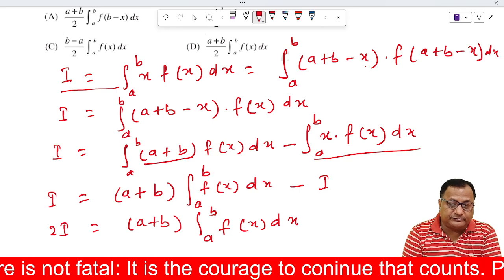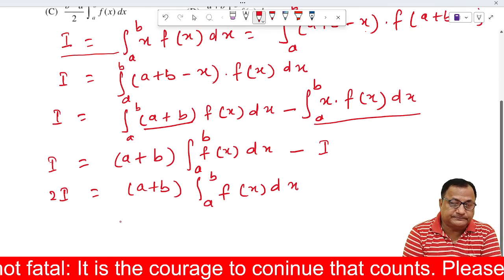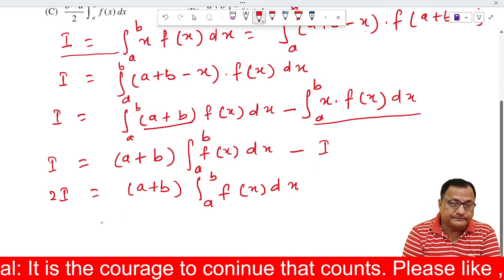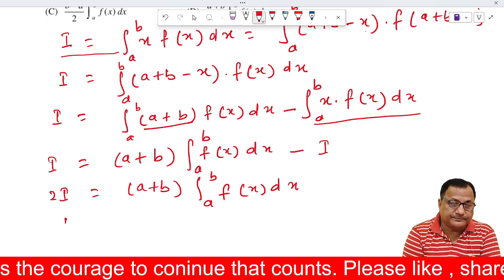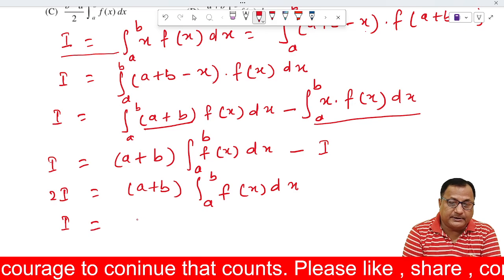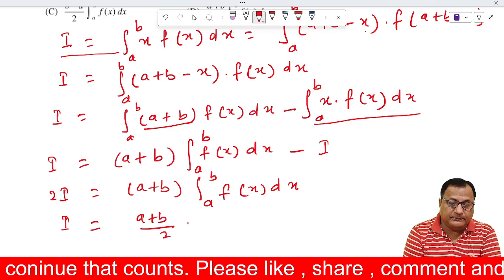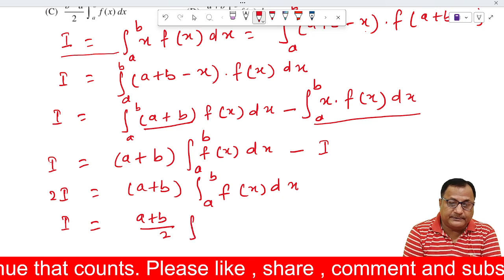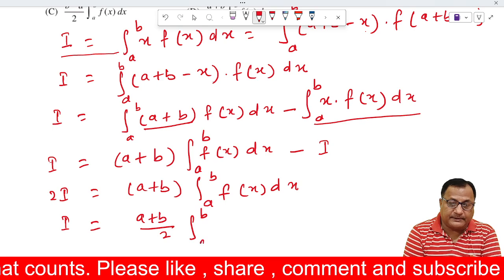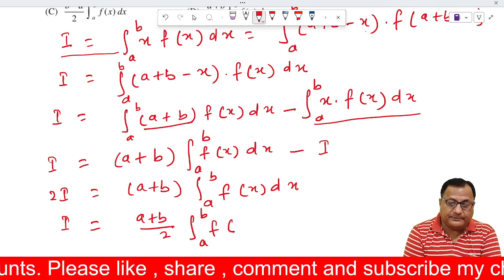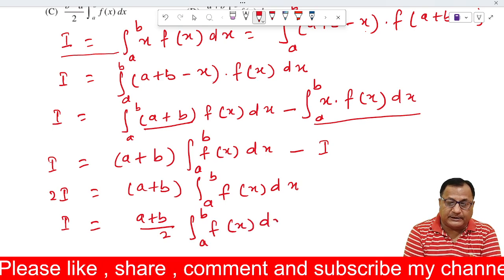So I is equal to a plus b by 2 times the integral from a to b of f(x) dx.